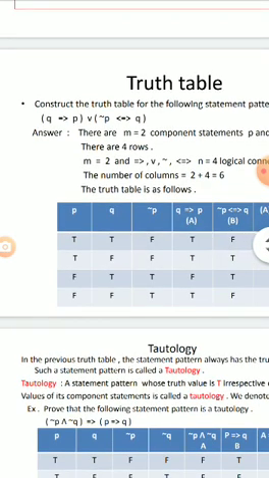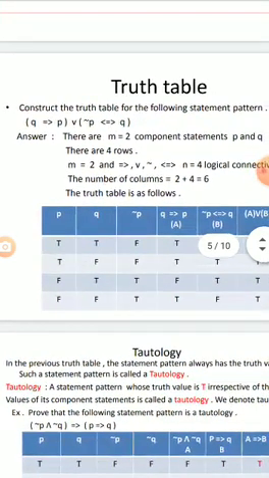This is the given statement pattern: Q implies P, or negation of P if and only if Q. First, number of component statements. Number of component statements is 2. There are only two component statements, one is P and the other is Q. And now start counting the number of logical connectives starting from left to right.